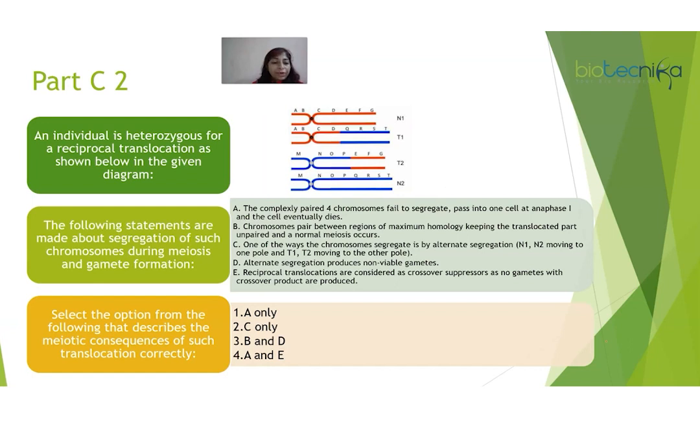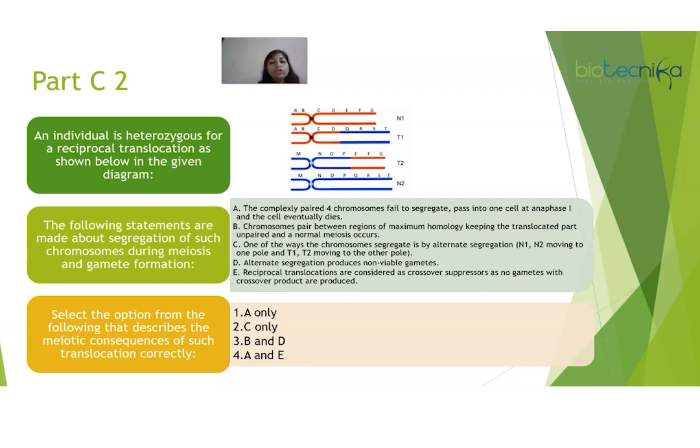Moving on to the second question. An individual is heterozygous for the reciprocal translocation as shown in the given diagram. In the reciprocal translocation, a segment of chromosome has been transferred from N1 to N2.